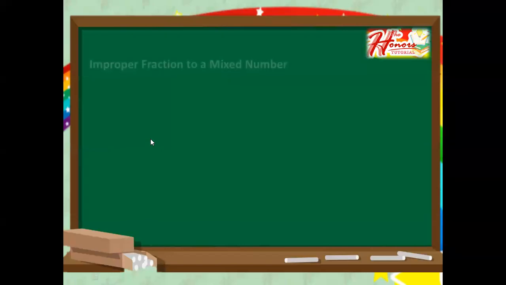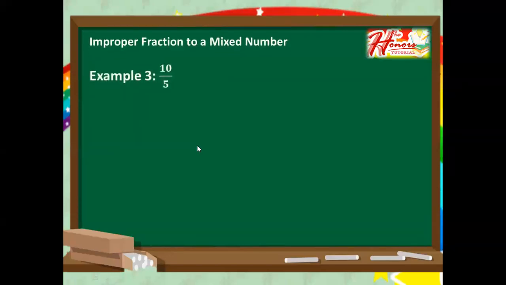Next, another. We have here 10 over 5. Okay, let's solve for this. Let's have the solution. And then let's divide, so that's 10 divided by 5. So 10 divided by 5, that's 2. 2 times 5, that's 10.